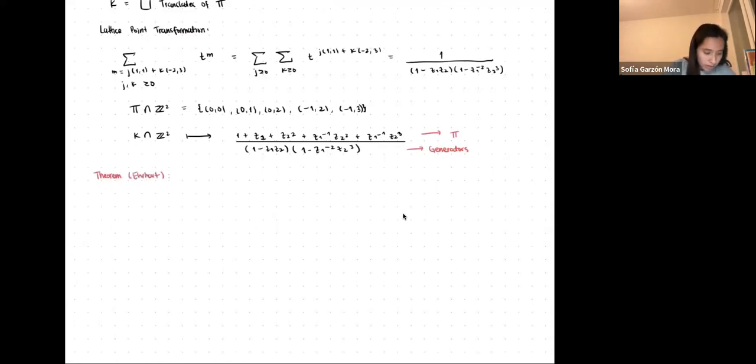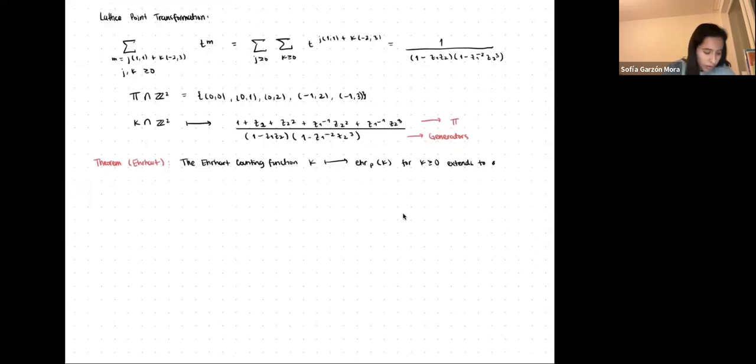The theorem tells us that the Ehrhart counting function, which sends k to Ehrhart p of k, for k, let's say, at least 0, extends, and this will come in handy in Ehrhart theory, to a polynomial function.